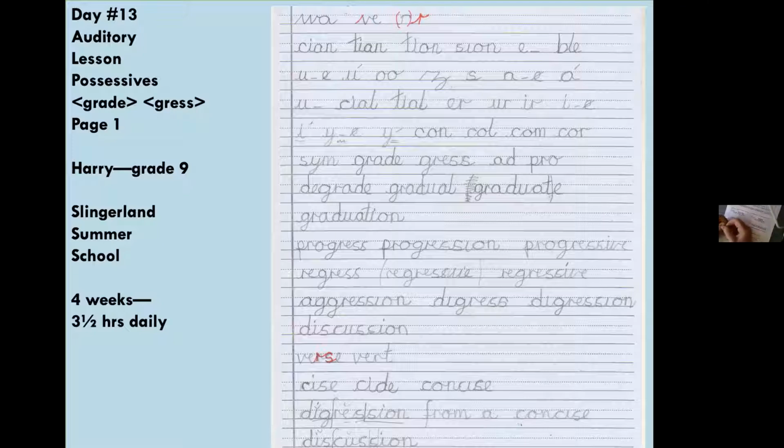Can you use the base that means to step into an adjective that means step by step, or slowly, one step at a time? Or can you turn it into a verb that would tell what happens when you finish 12th grade? Can you turn that into a noun that names the idea? And then we switch to a different one.